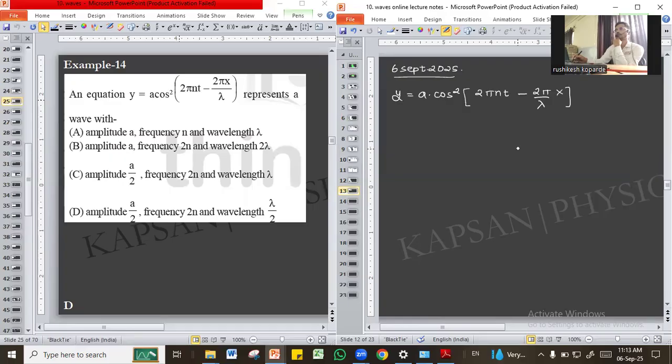This equation represents a wave with amplitude, frequency and wavelength. What is the amplitude here?